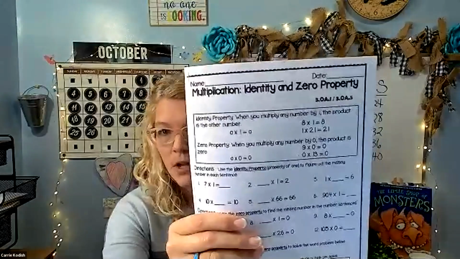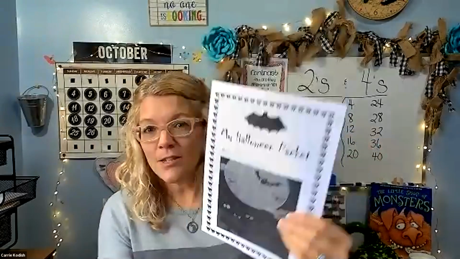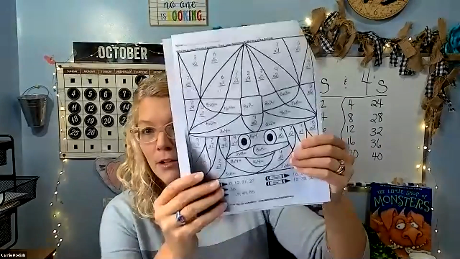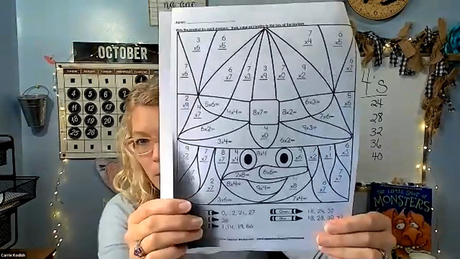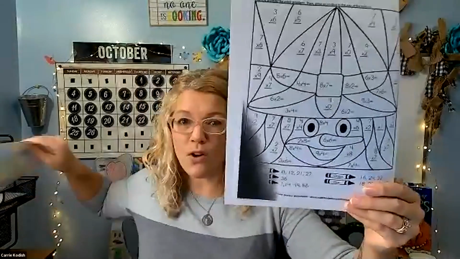There's a packet that says multiplication on it, and we're going to go over that a little bit tomorrow. But in your Halloween fun packet, tomorrow's activity will be to practice your multiplication tables by filling out this witch paper. Ooh. You don't have to guess what they are.